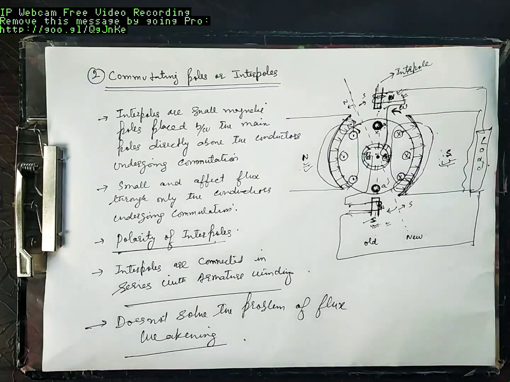However, this effectively solves the problem of magnetic neutral plane shift and hence the circulating current in the winding, in the conductors undergoing commutation.